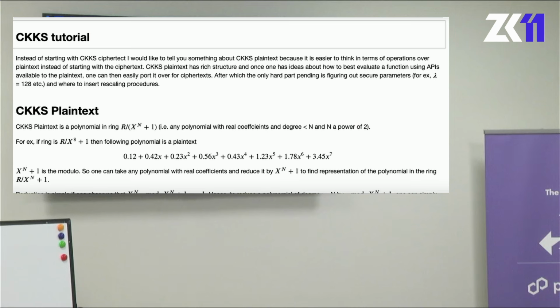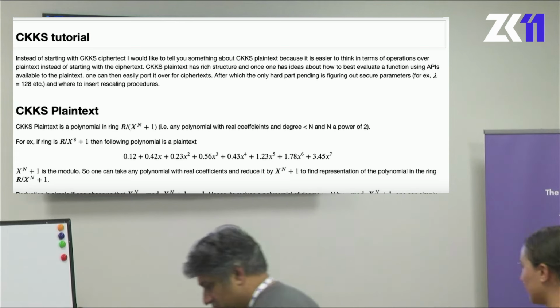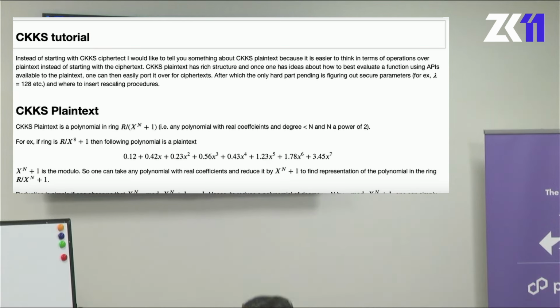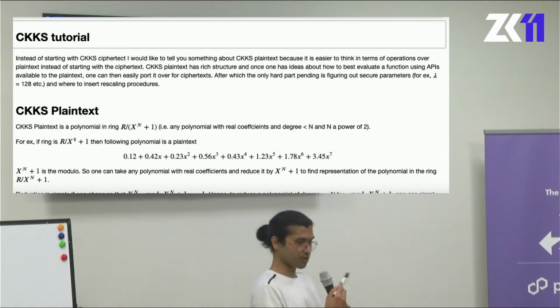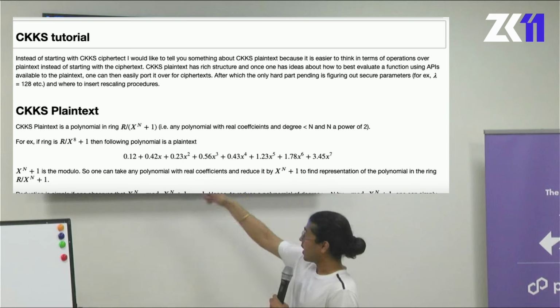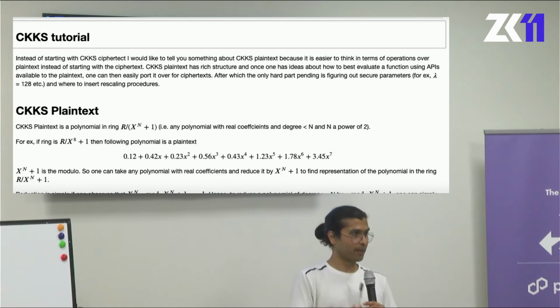What this essentially means is that it is a polynomial up to degree n minus 1 with coefficients that are reals. That's what this ring means. So take any arbitrary polynomial with real coefficients, but with degree less than n. This is what I mean by a plaintext in CKKS. Any polynomial that has real coefficients and has degree less than n is a polynomial in this ring, right?